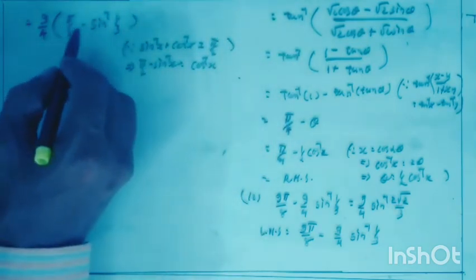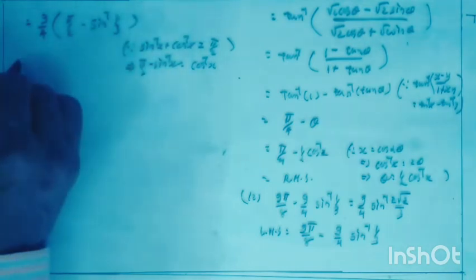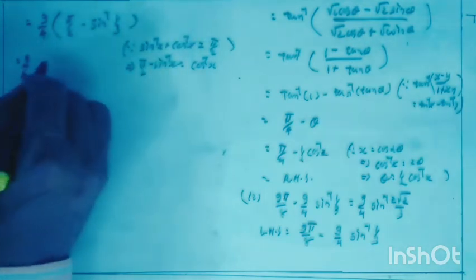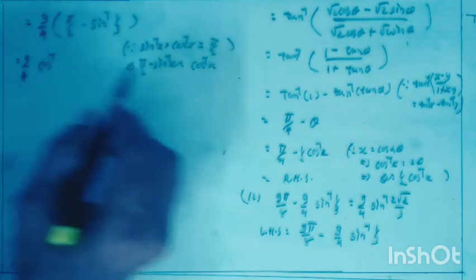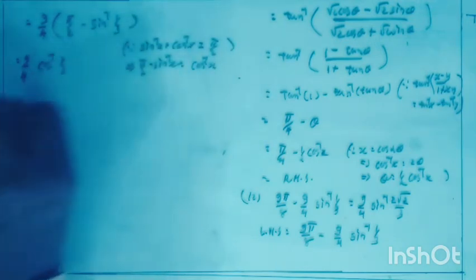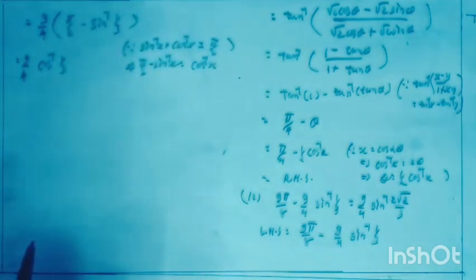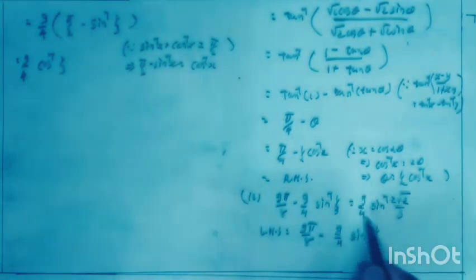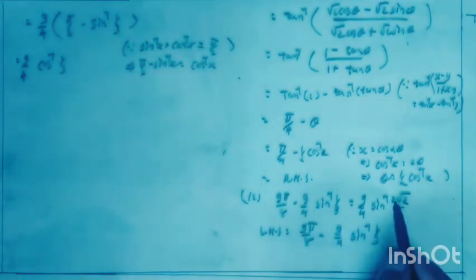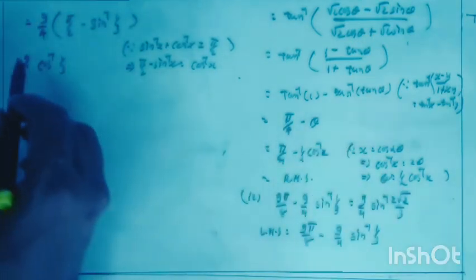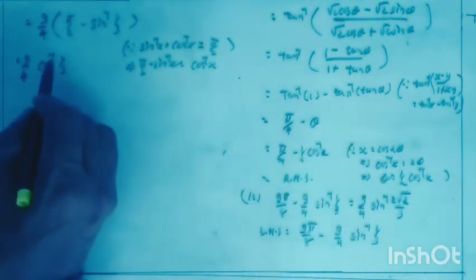So here pi by 2 minus sin inverse 1 by 3 is equal to cos inverse 1 by 3. Now the right side is given as 9 by 4 sin inverse 2 root 2 upon 3. Here we get 9 upon 4 cos inverse 1 upon 3.